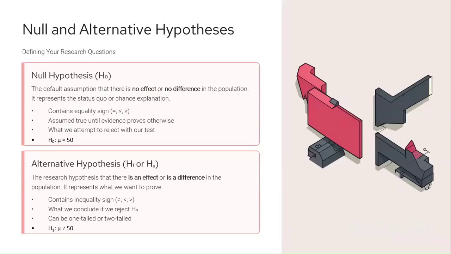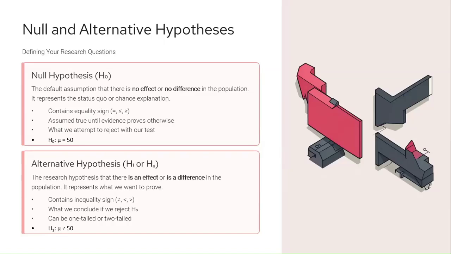The null hypothesis is denoted by H0, represents no effect or no difference. It is the assumption we start with about population. The alternative hypothesis represents the claim we actually want to investigate.